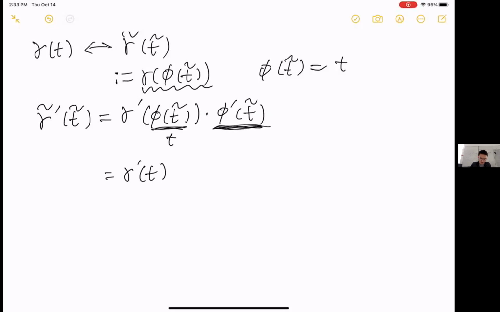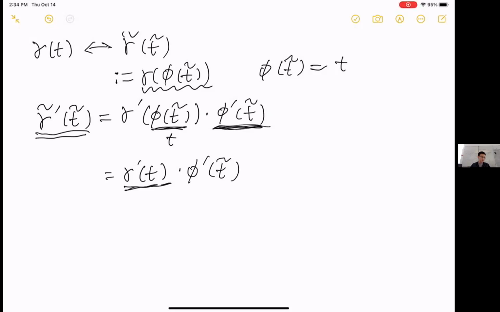We're saying that the velocity in terms of the second parameterization equals the velocity of the first parameterization times some extra factor. So all this wants to say is that different parameterizations lead to different velocity, although it is the same curve.